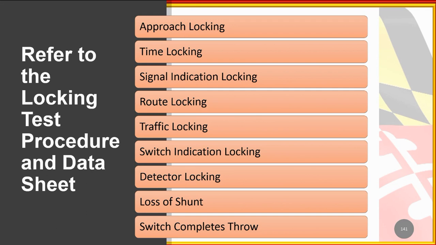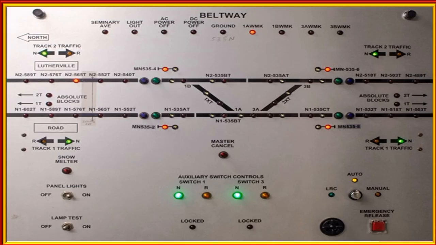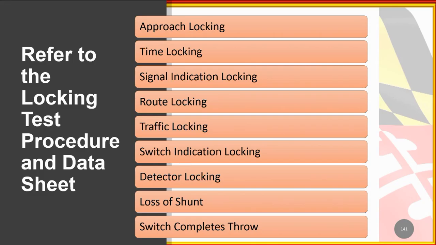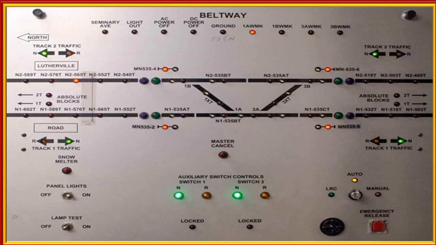Okay, detector locking is next. Detector locking is a test performed to ensure that switches cannot be moved when any track circuit within the interlocking is de-energized. Basically, you have the 4 signals that govern the movement of the interlocking.